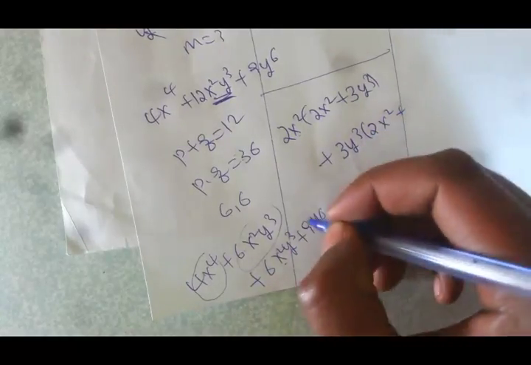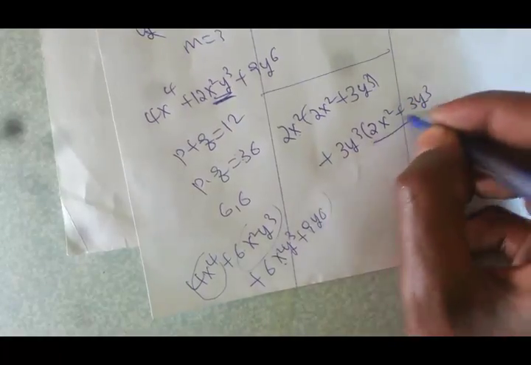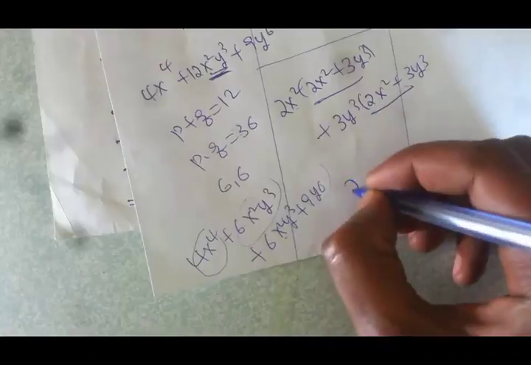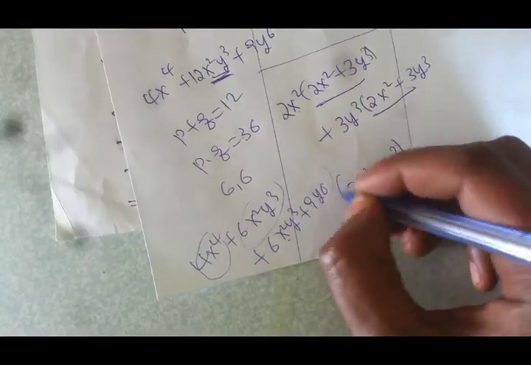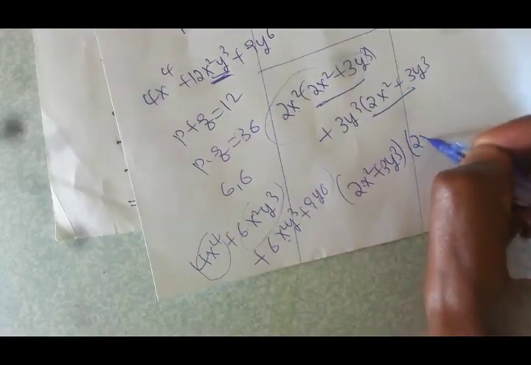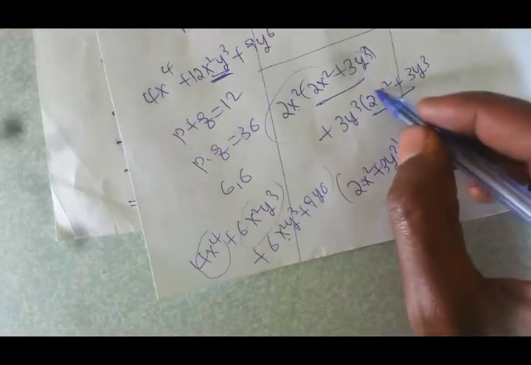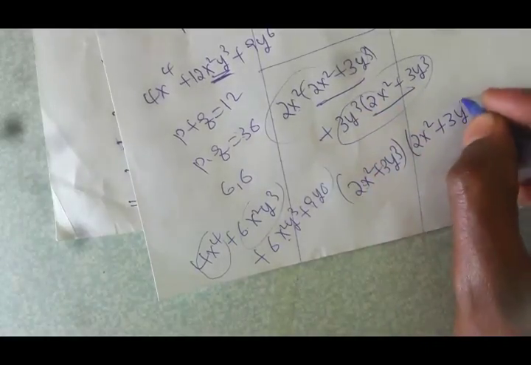When this number is divided by this, 3y cubed will be left. Therefore, this is common: 2x squared plus 3y cubed. When this whole number is divided by this, 2x squared will be left, plus 3y cubed will be left.